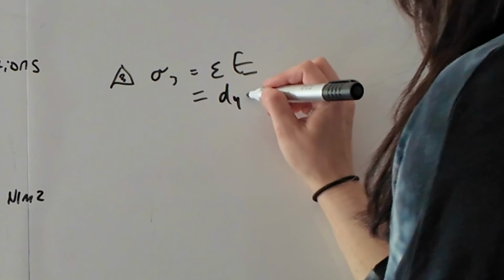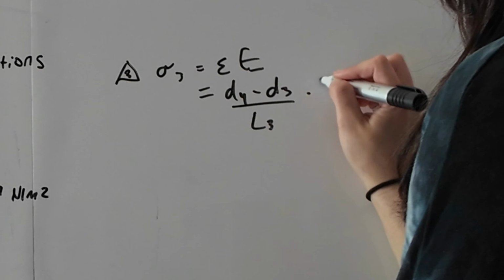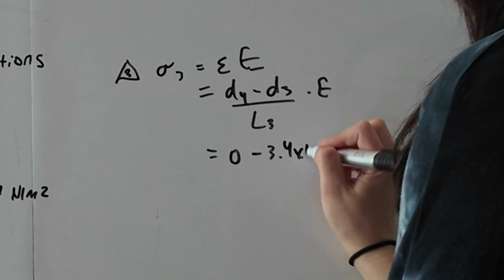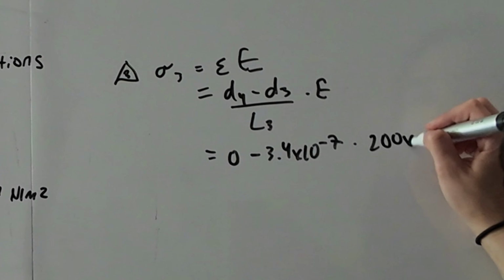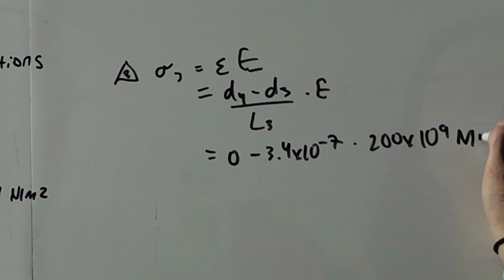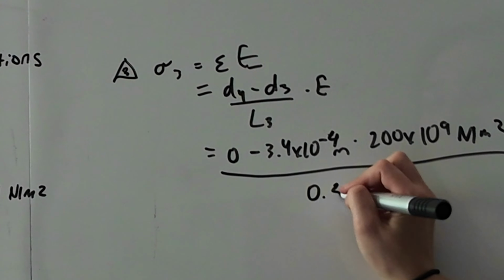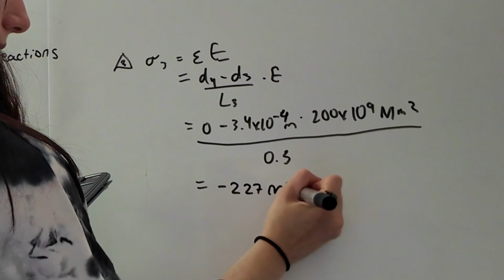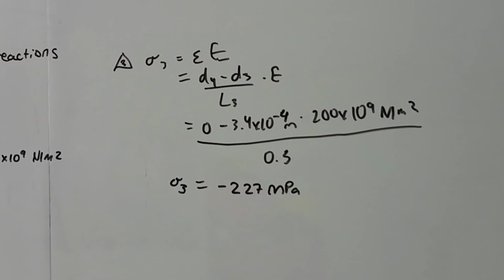So we have (d4 minus d3) over L3 times E. So we have 0 minus 3.4 times 10 to the negative 7 meters, times 200 times 10 to the 9 Newton per meter squared, divided by 0.3, which gives us negative 227 megapascals. This is negative, telling us that the stress within element 3 is compressive.